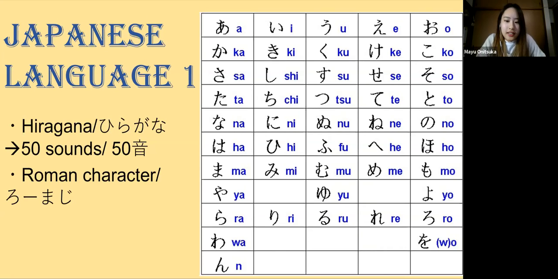This is the hiragana list. We learned it first. I mean, studying hiragana is the most important step to speak and read Japanese, I think. Black letters are hiragana, and it has 50 sounds. Blue letters are Roman characters. Therefore, we can use the Roman characters to make hiragana.